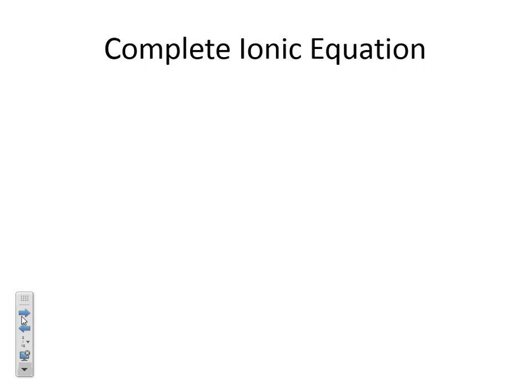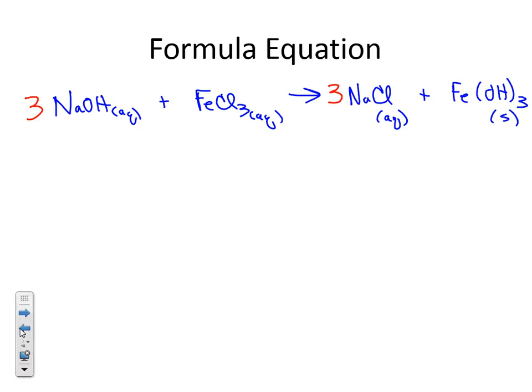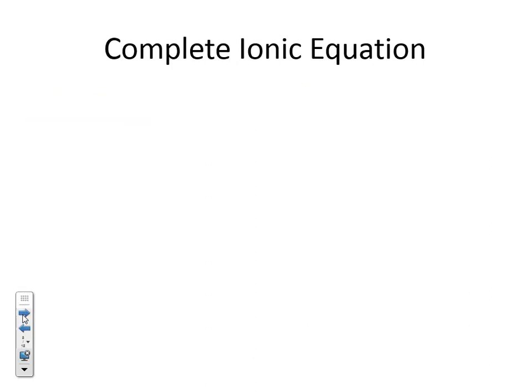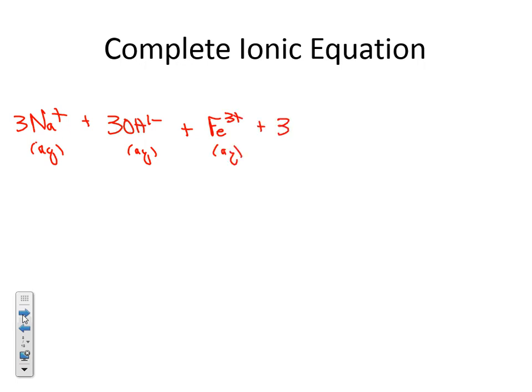For your complete ionic equation, you take your formula equation and pull it all apart so you can look at the ions. Whatever is a solid, you keep together. So we have 3 ions of sodium, aq, plus 3 hydroxide ions, aq, plus the iron, Fe with the 3 plus charge, and it's with chloride, and we have 3 chloride ions, aq.